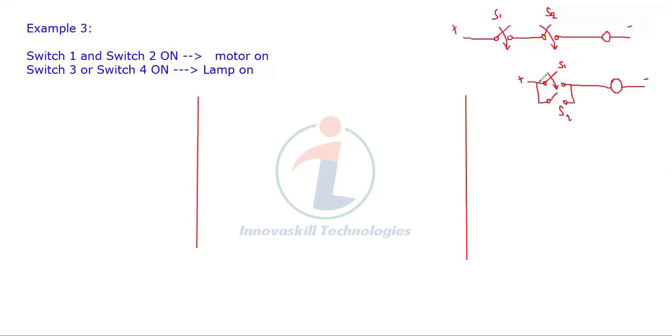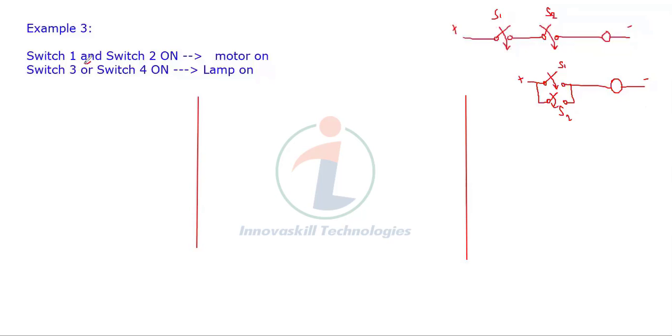Supply will be directly flowing because this switch is not interrupting that. This is separately connected. So even if only this switch is on, output will be on. Now this is off and this is on, means when this is on also, output will be on. If any one of the switches is activated, the output will be activated. So this is the logic for parallel combination.